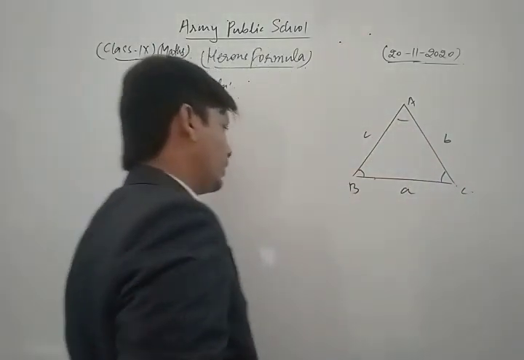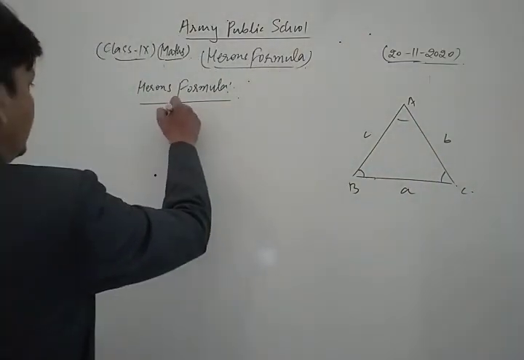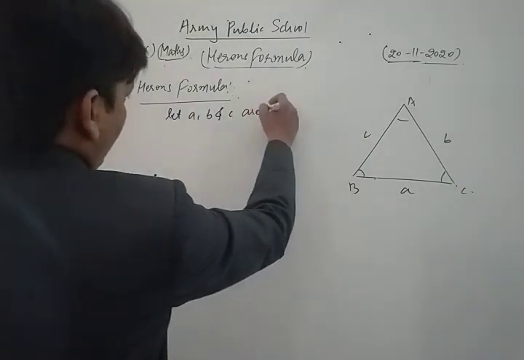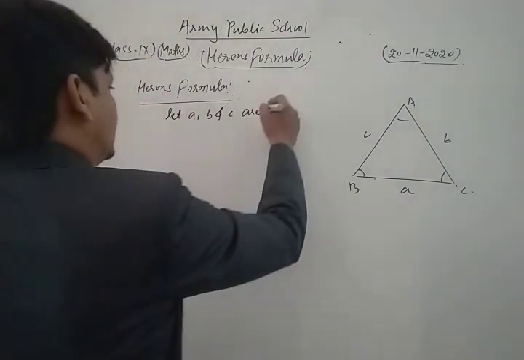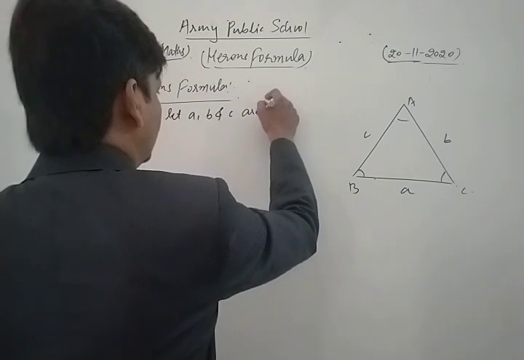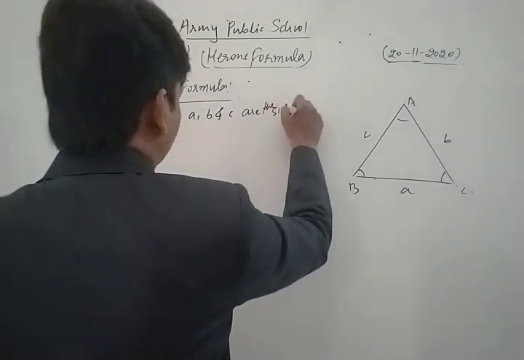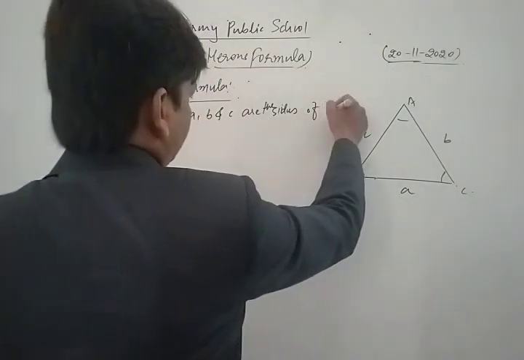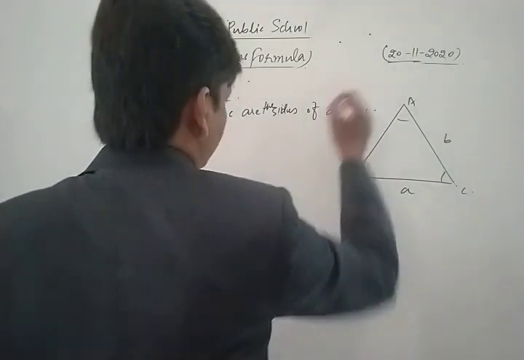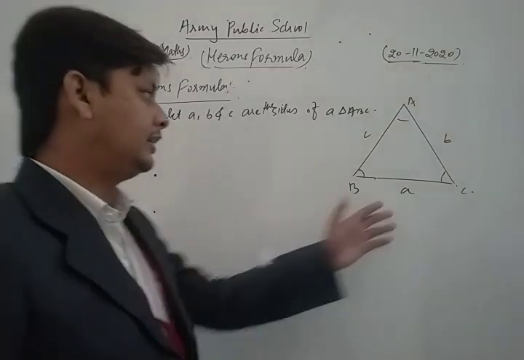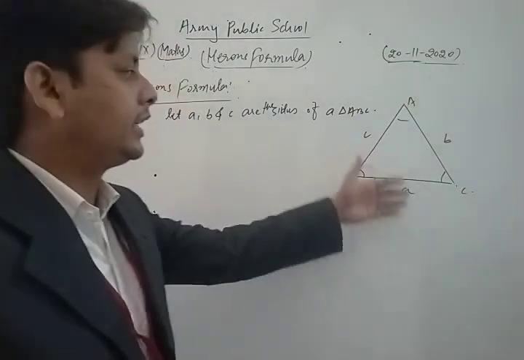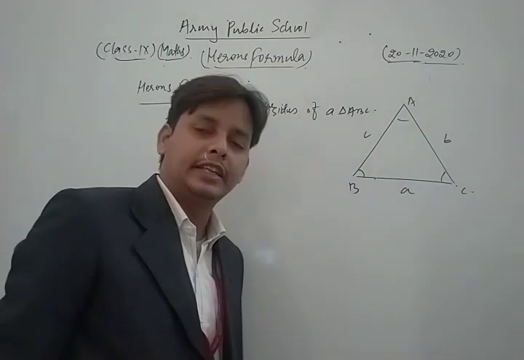Let A, B and C be the sides of a triangle ABC. Here all its sides are different, so this is a scalene triangle, and we take A, B and C as the sides of the triangle ABC.